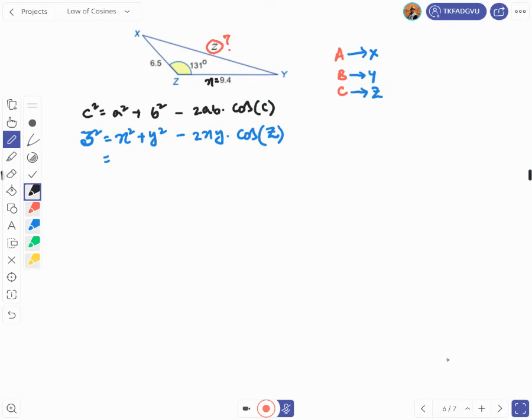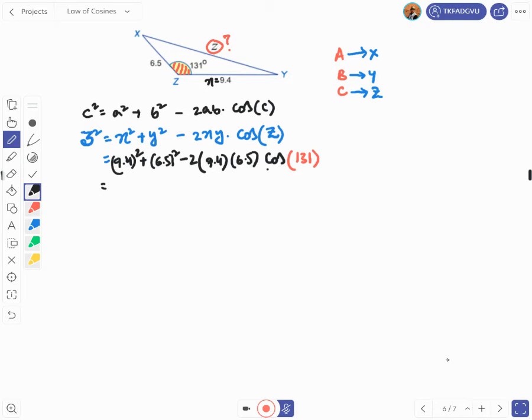So 9.4 square plus y square, the side opposite to angle Y, which is 6.5 square, minus 2 times x times y, 6.5, times cos Z. Please notice that Z here means I have to take the angle which is 131.